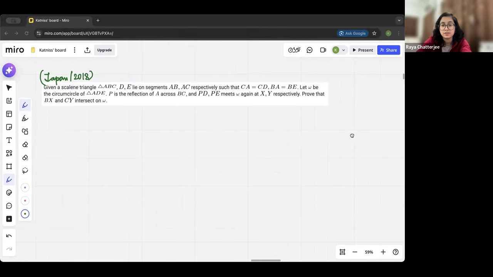Oh, I could paste the diagram. Do you want me to paste the diagram already, or do you want to take some more time to not look at the diagram and write on your own? Okay, I'll not paste it, but do speak up.